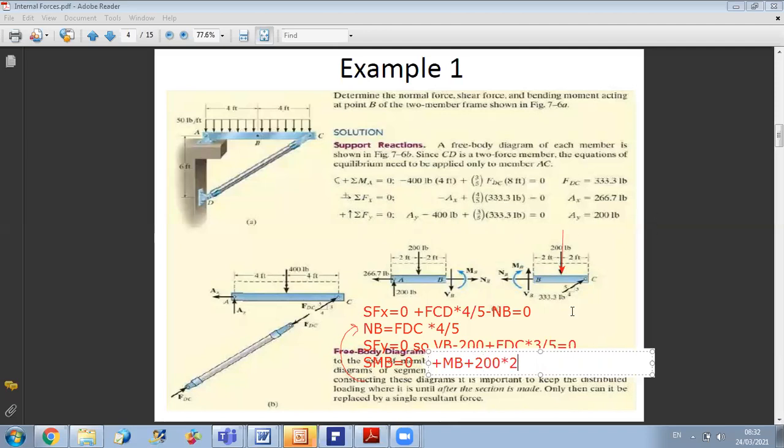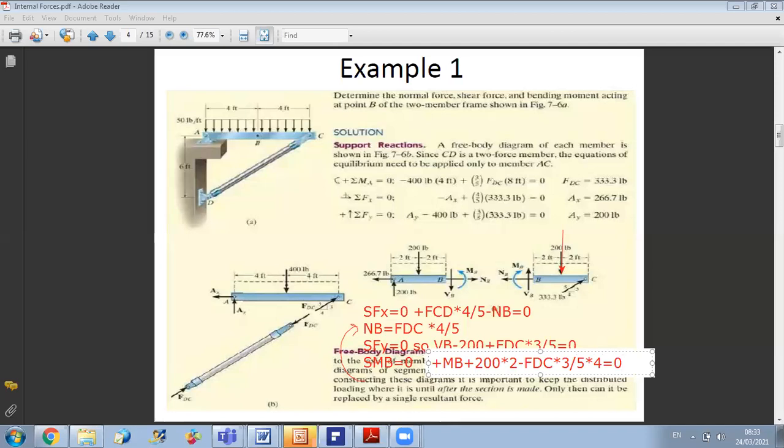And for FCD, it's causing a counterclockwise moment, so it's minus, only the Y component is doing a moment, so minus FDC Y, which is FDC times 3 over 5, times the distance, which is 4, equals 0. So the only unknown in this equation will be MB. I can get the value of MB. And in this way, I got the two internal forces and one internal moment at B.